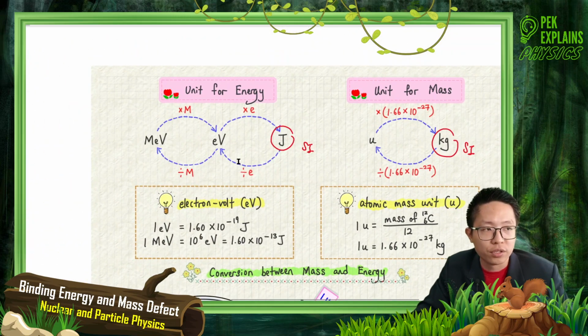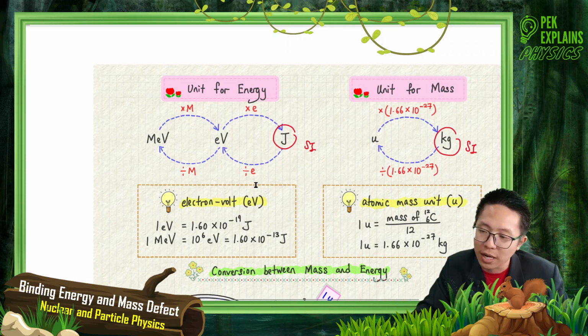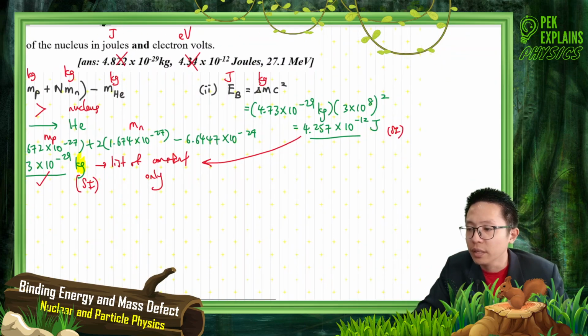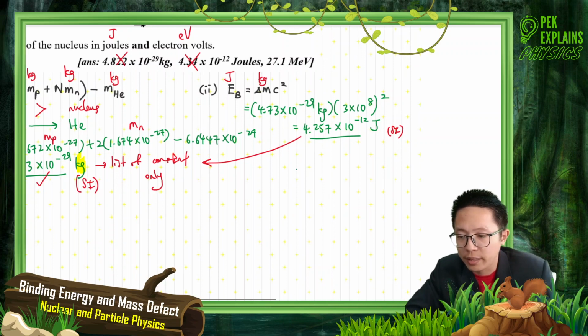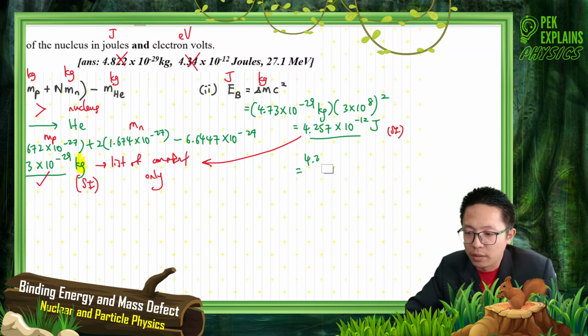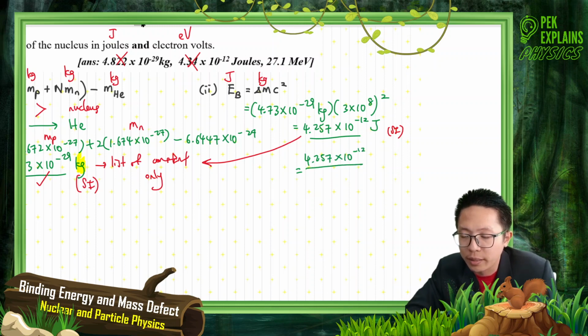From electron volt to joule we multiply, so from joule to electron volt we divide by the electron charge. So 4.257 exponent negative 12, I divide by the electron charge, which is 1.6 exponent negative 19.